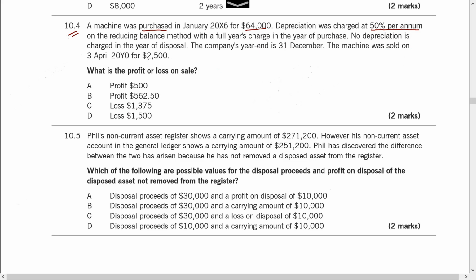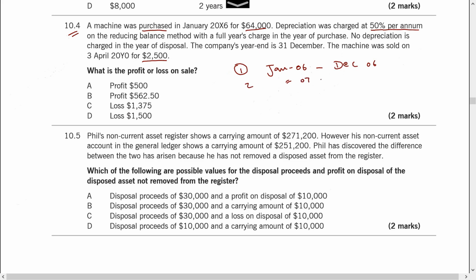Okay, for this amount. So that means from Jan 06 to December 06 we have used this machine, right? So it will be the year 1.